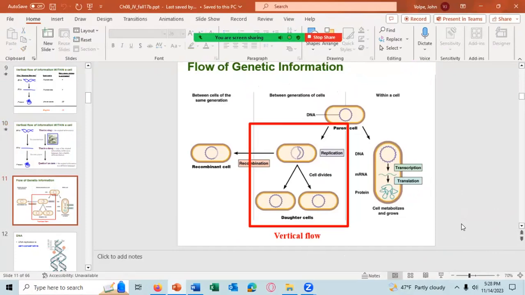All right, the flow of information can happen within a cell or between generations of cells. Between generations of cells is the vertical flow of information, where the information moves from a parent cell to the daughter cells. Or in humans, we could say that flow of information moves from the DNA of the parents to the DNA of the offspring.